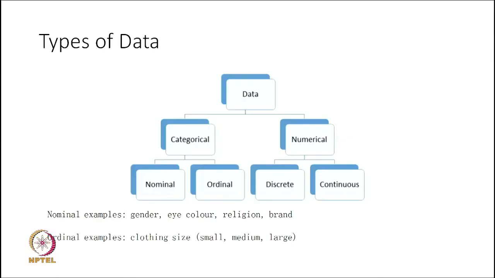Now I am coming back to the concept of data. So, data can be classified into categorical or numerical. Once it is numerical data, then it could be discrete or continuous. There is no confusion between discrete and continuous.